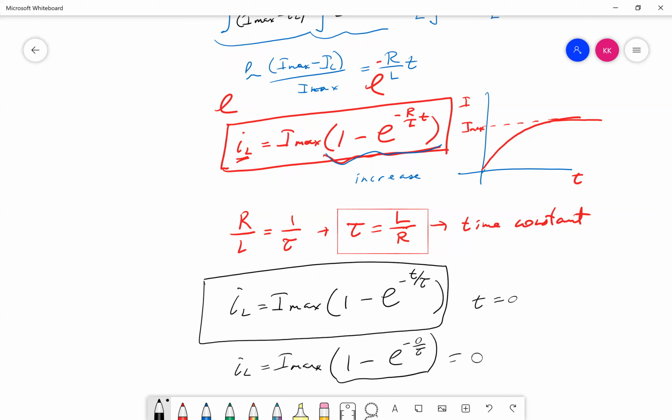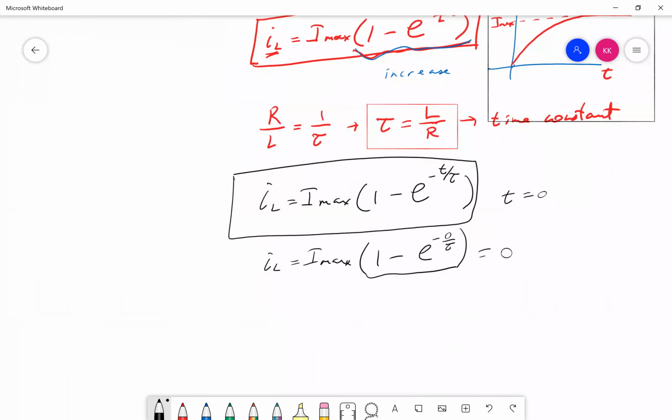Then it increases as a function of time, giving a graph with a shape like that.